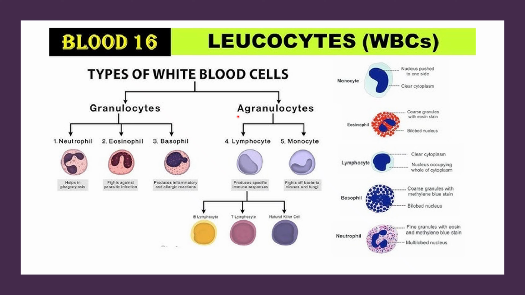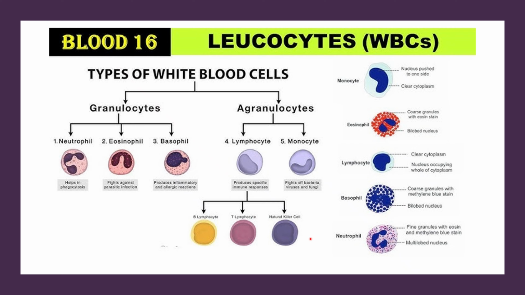Without granules, agranular, so the lymphocytes, the B and T cells, and the monocytes, which become macrophages.